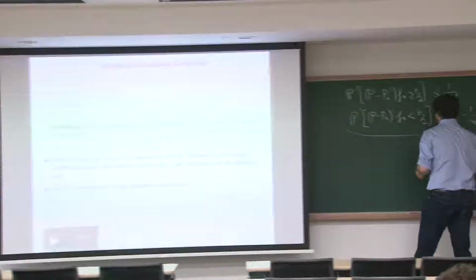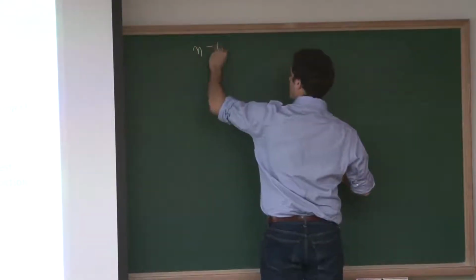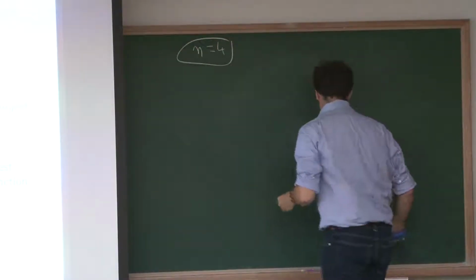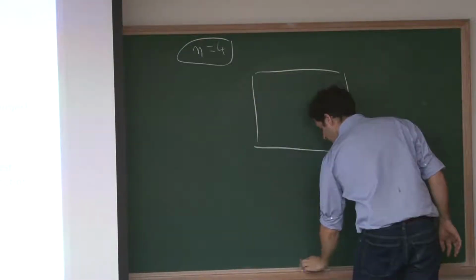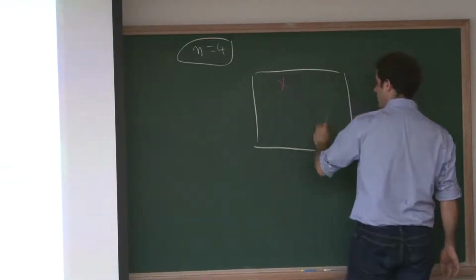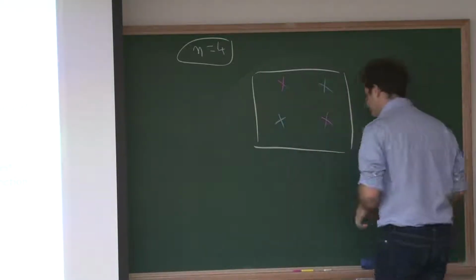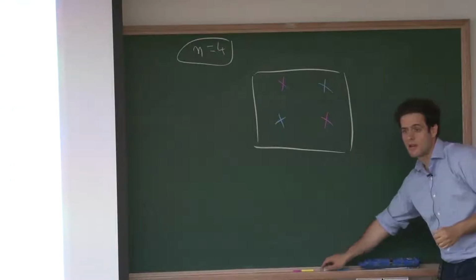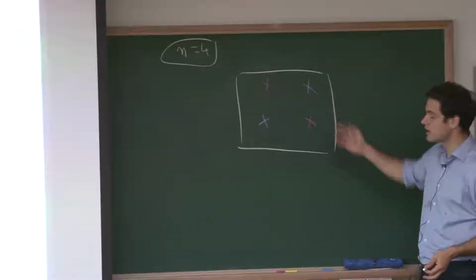Because if n equals 4, can I use hyperplanes to obtain this labeling? Of course, there's no way I can define a hyperplane that will give me those labels like this.